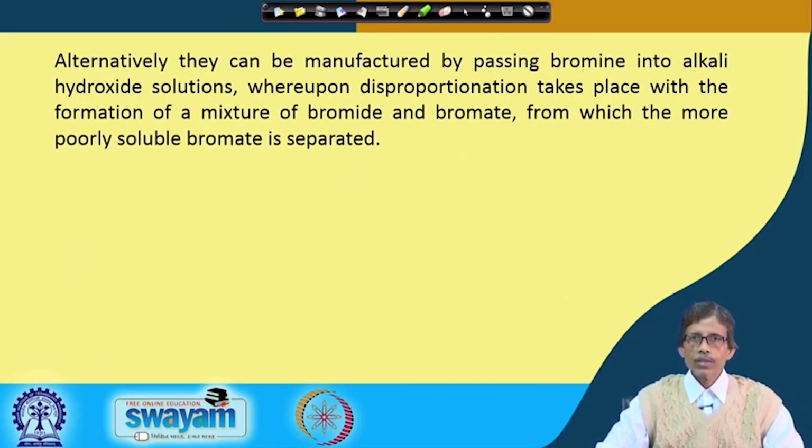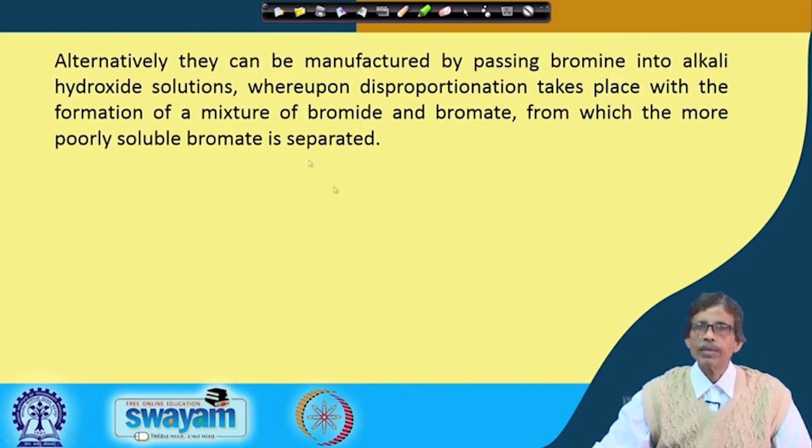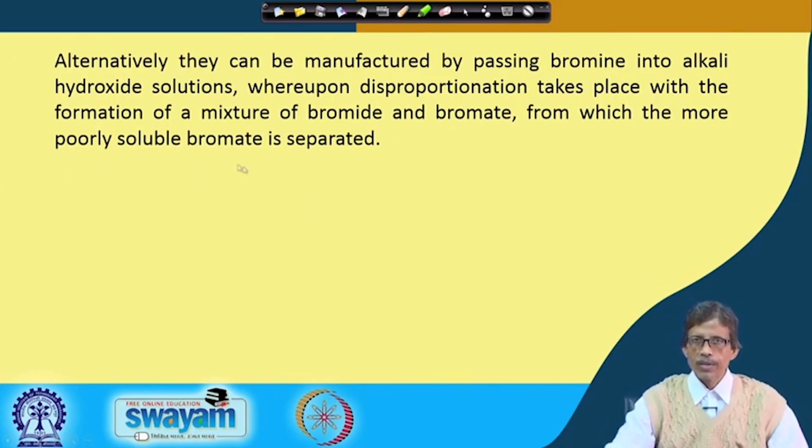Alkali hydroxide solutions like sodium hydroxide or potassium hydroxide again allow a disproportionation reaction, from Br2 (0) giving you Br minus as well as BrO3 minus. So, you get a mixture of bromate as well as bromide. How do we separate it? The bromate salt is less soluble, that means it is poorly soluble, so it will be separated first, then we get the sodium bromide.